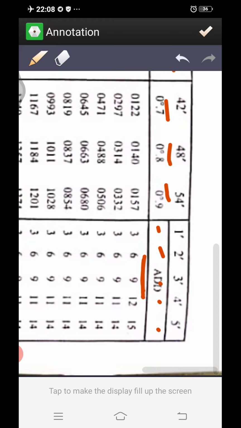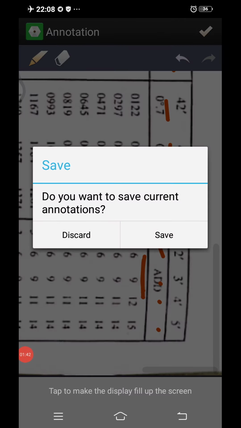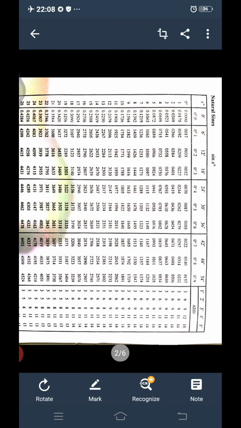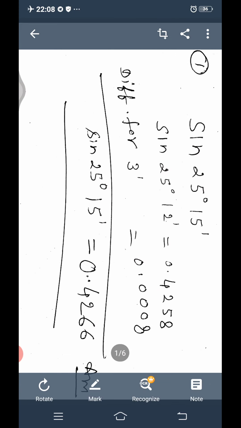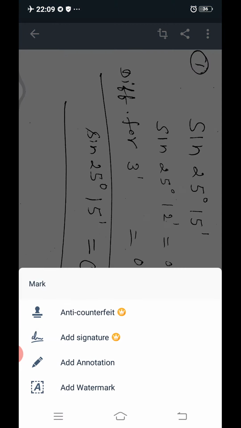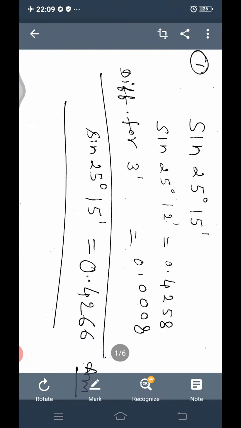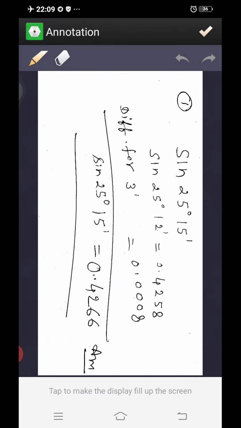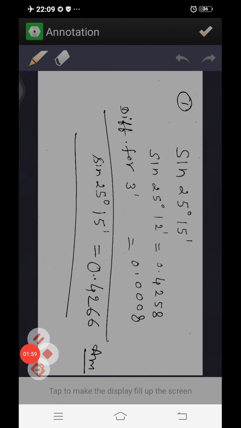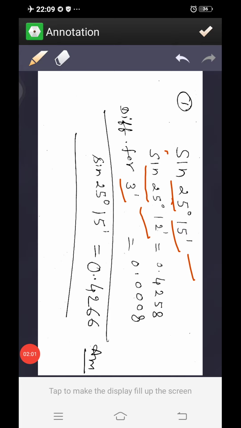How do we find the values of any given trigonometric ratio? Let's see.